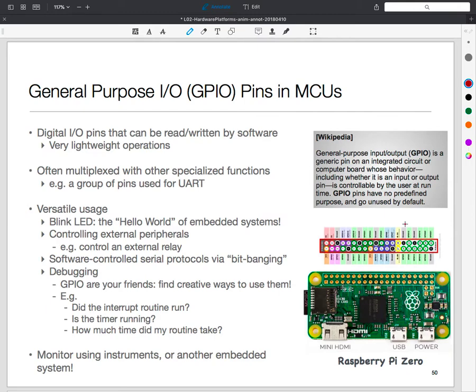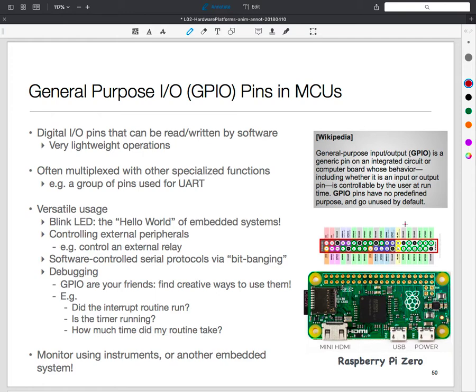So the first one, which is very common, is simply called general purpose I/O. These are pins on the MCUs which can be read and written by the software, and they're digital pins. In the sense, each pin can have a state of 1 or 0 if it's an output pin, and if it's an input pin, it can read a voltage level and classify it as 1 or 0.